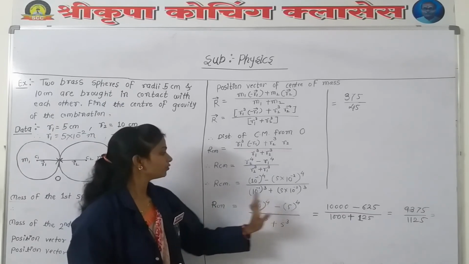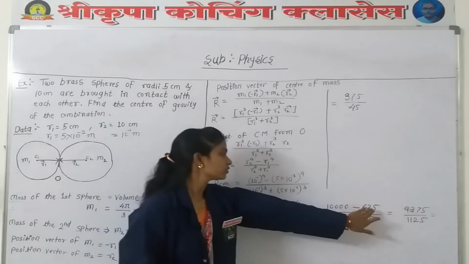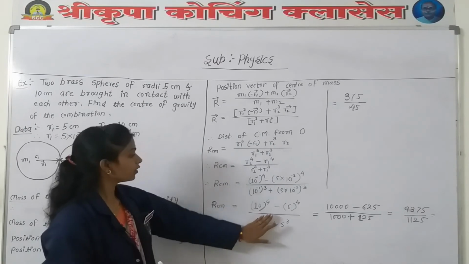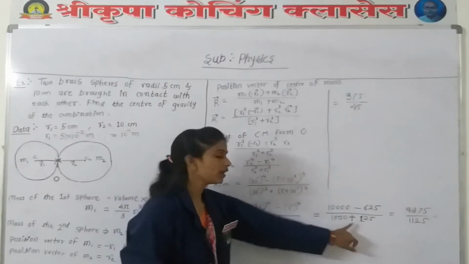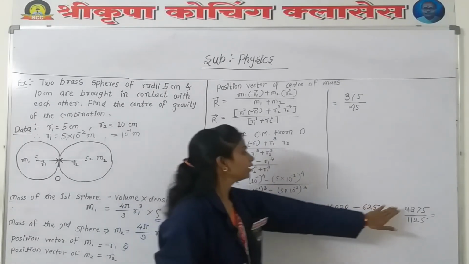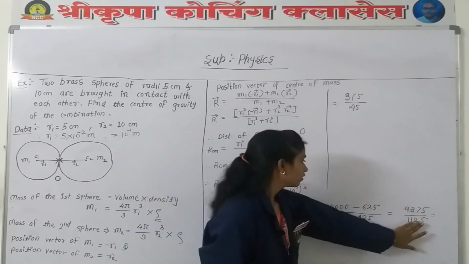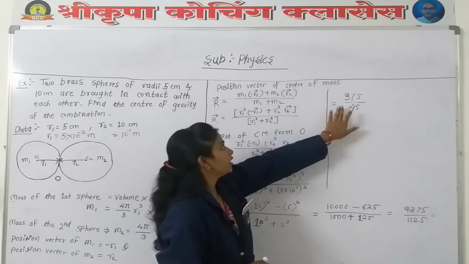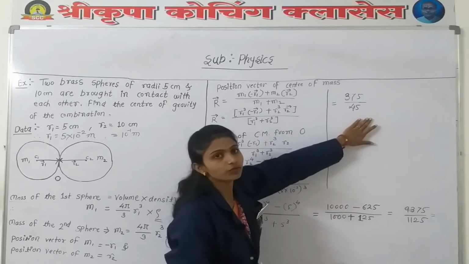Here 10 raised to power 4 means 10,000 and 5 raised to power 4 means 625. 10 raised to power 3 means 1000 plus 5 cube means 125. The subtraction will be 9375 and the addition of these two will be 1125. This term is reduced to 375 upon 45.